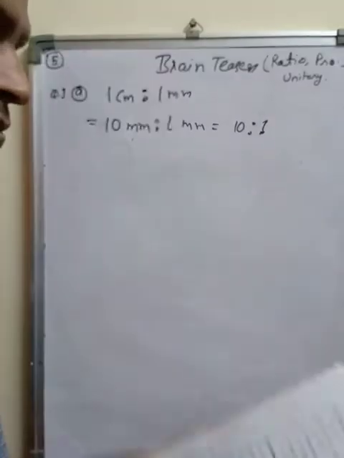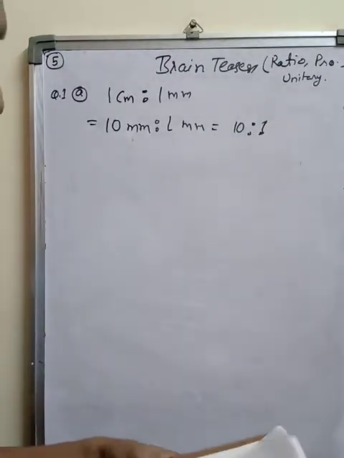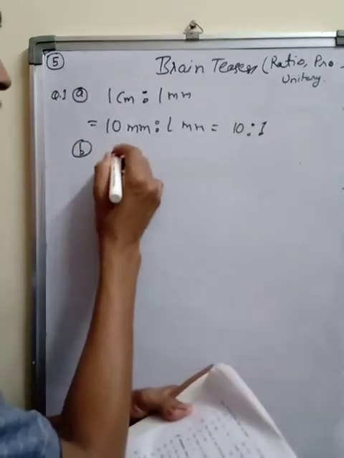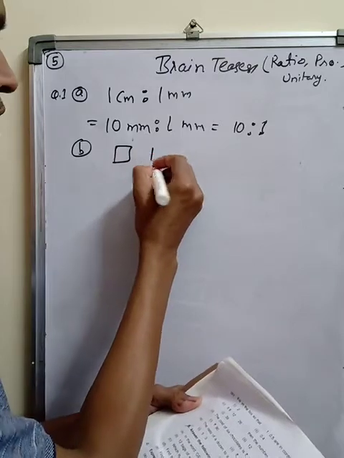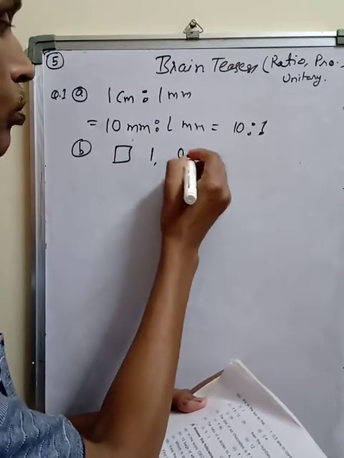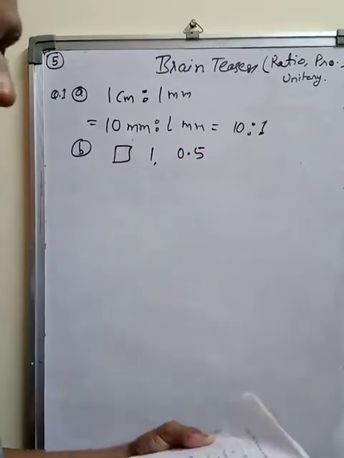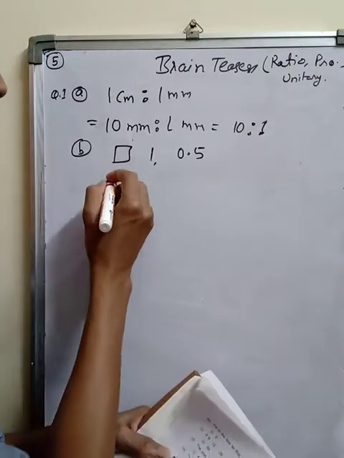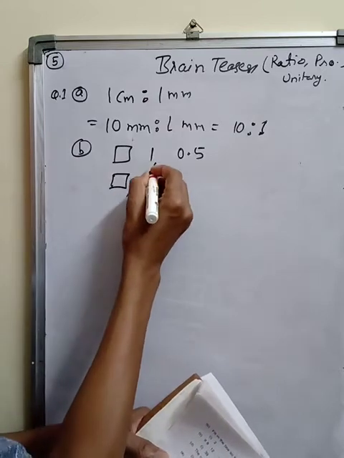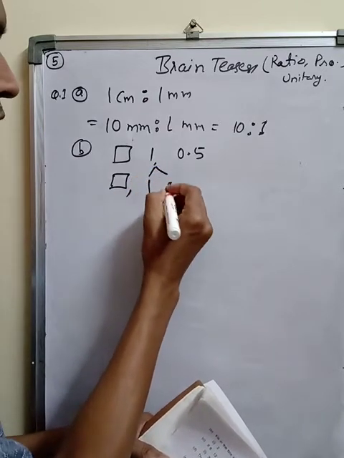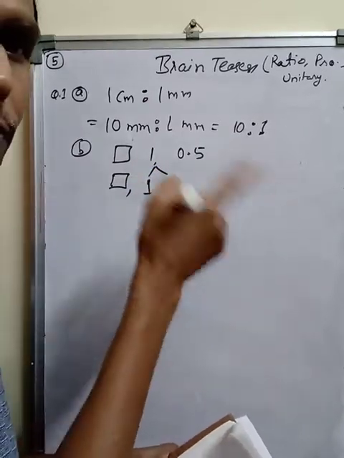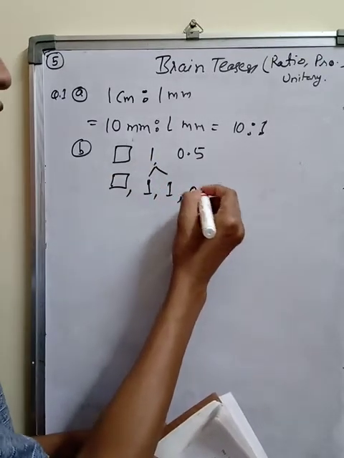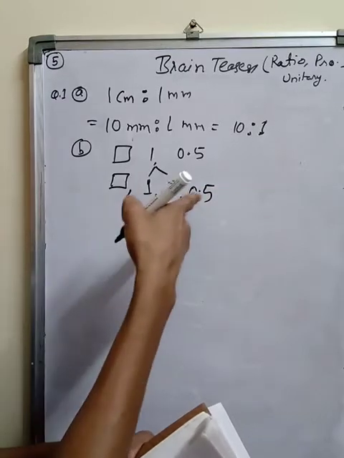Now the second part, B part. Fill in the blanks. The box is given with 1 and 0.5. This is asking about continued proportion, and we have to fill this box. When only 3 numbers are given in proportion, the middle number becomes 2 numbers, so to make 4 numbers this will be the format.